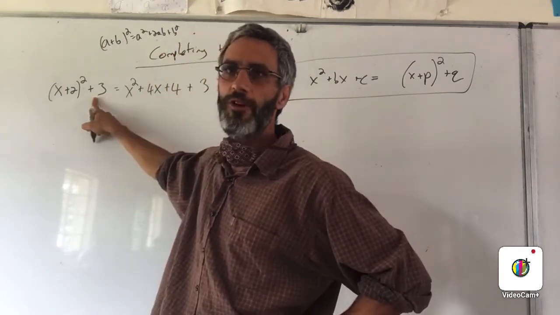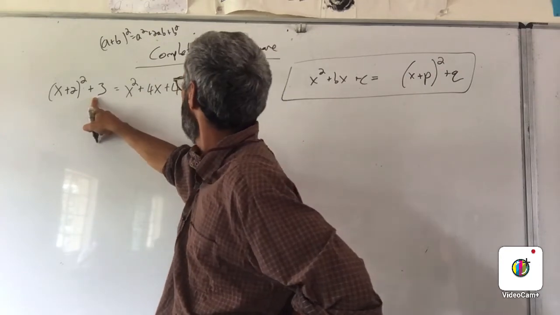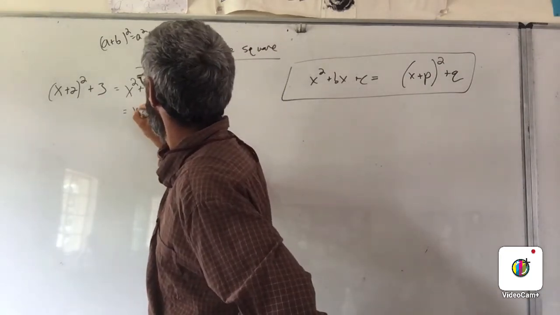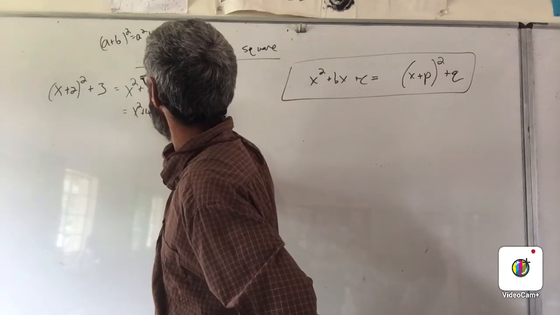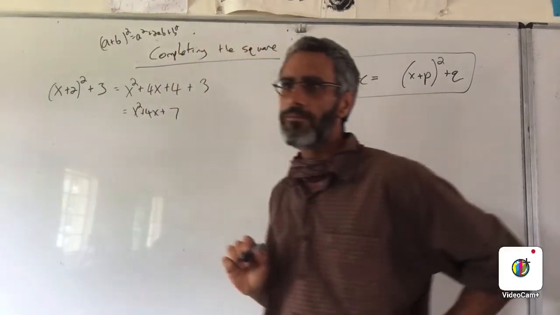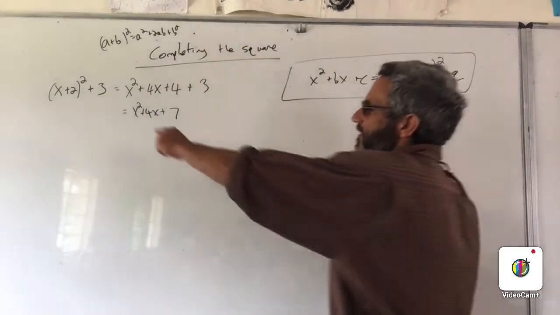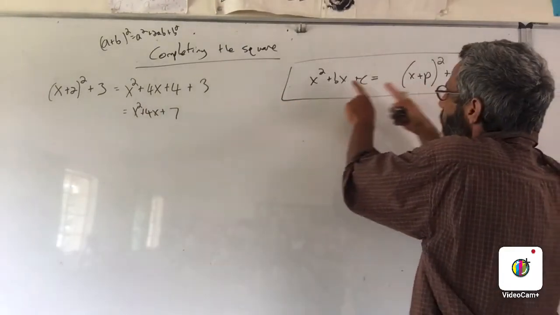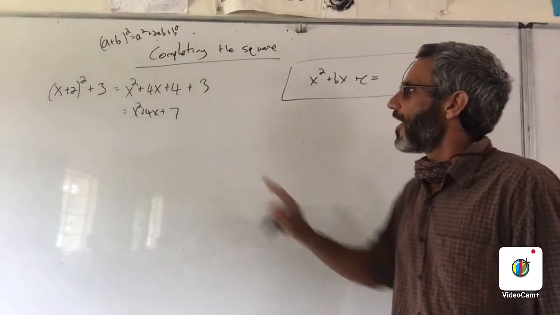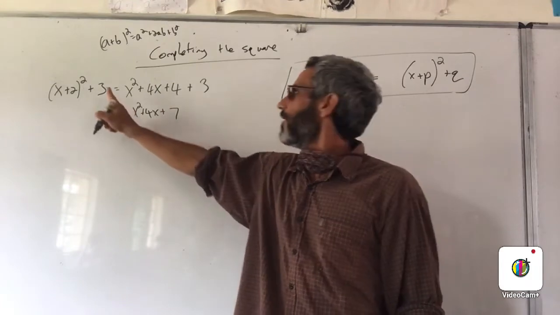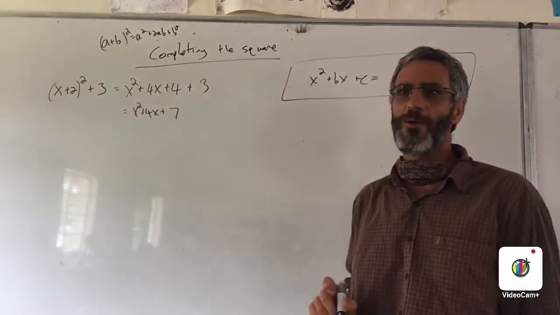I still have that 3. So we can write it as x squared plus 4x plus 7. So you can see that anything that looks like that, I can turn into here. That is very easy. I hope you agree with me. Going from this form to that form is very easy.